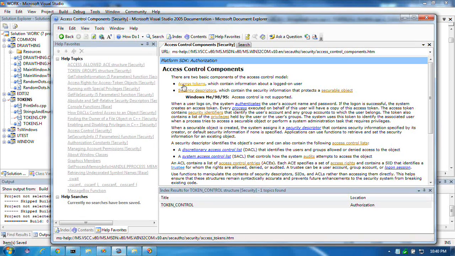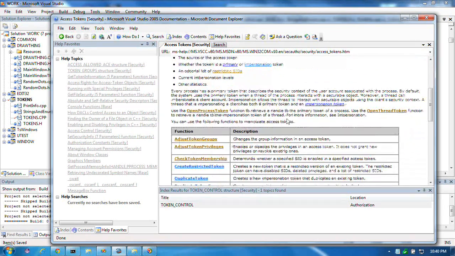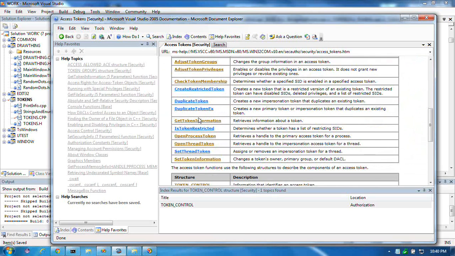The first thing that comes up is tokens. I clicked on it, and I looked through this list here, and I found this function. I just wanted to have a look at an access token, if I could get one.